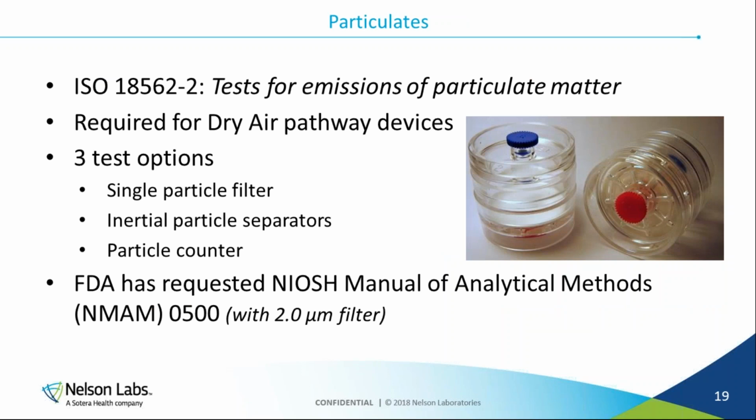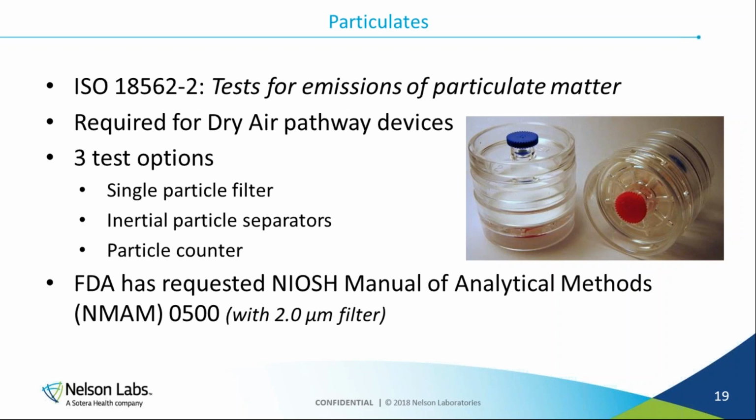So we'll talk first about particulates, and this is in 18562 Part 2. This is required for dry air pathway devices, and I should have had that in here also for humidified air. We're always concerned about particulates when we have direct access to the lungs. There are 3 different test options laid out in the standard.